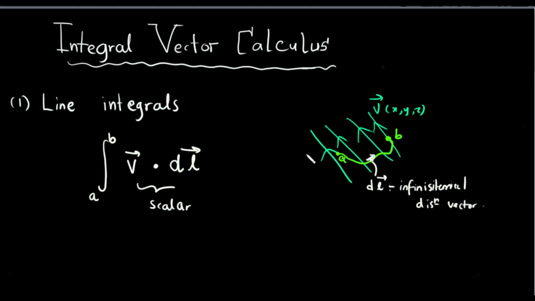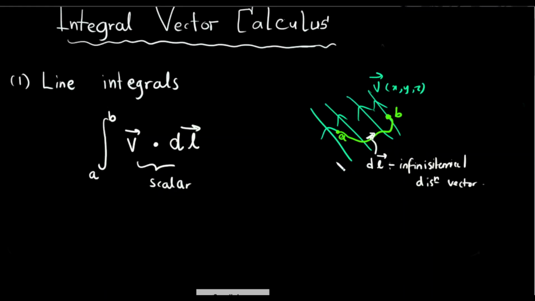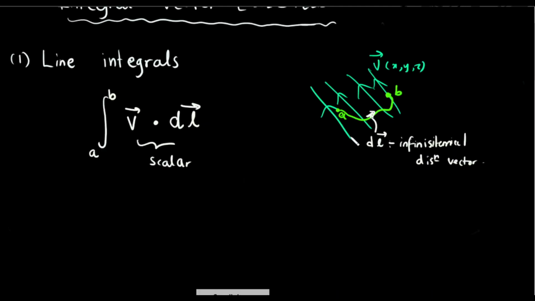So there's a special condition here. If this b point lies on the a point, what happens here? That means the points coincide. So let's say a coincides with b, then we can say that this forms a closed line.